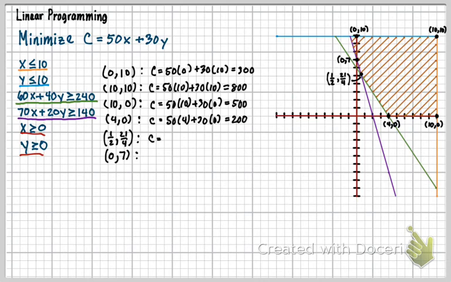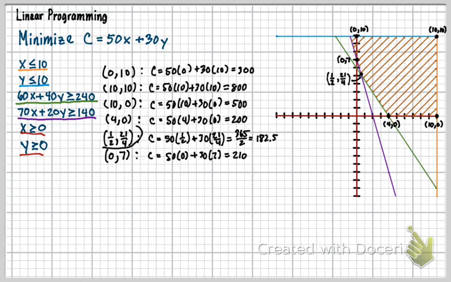And then C equals 50 times 1/2 plus 30 times 21/4, and that equals 365/2, which equals actually 182.5. And then the last one here is C equals 50 times 0 plus 30 times 7, and that equals $210.